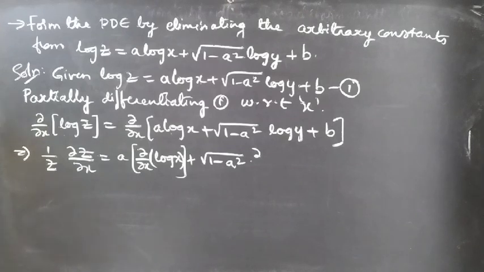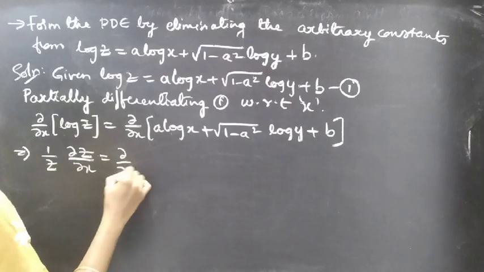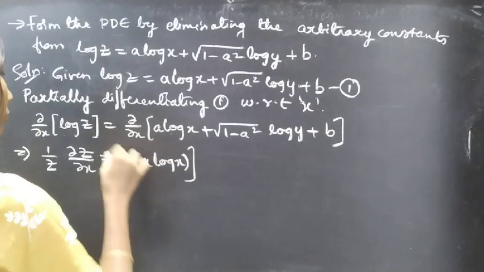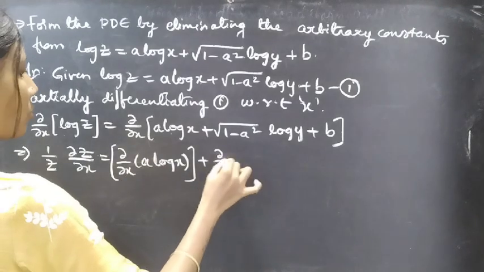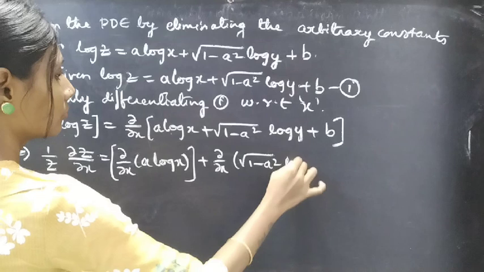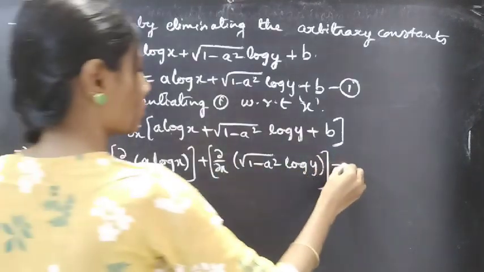So we can just write this as dou by dou x of first term plus dou by dou x of second term plus dou by dou x of last term.